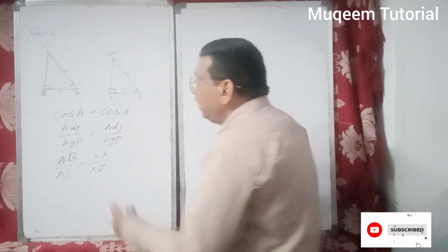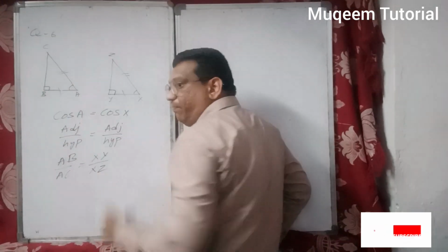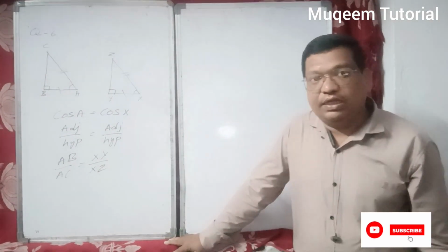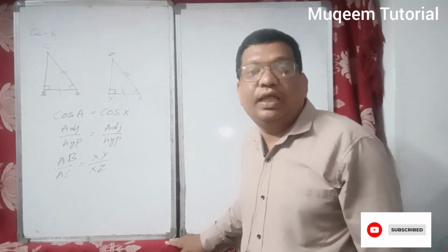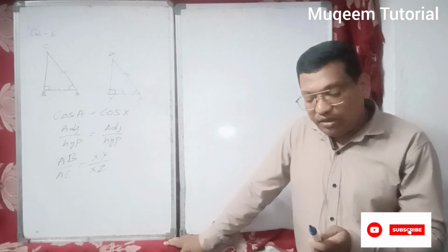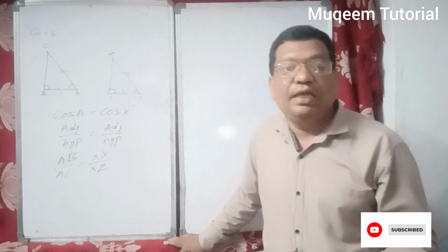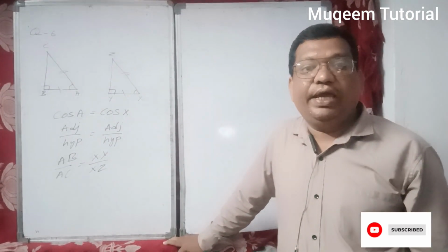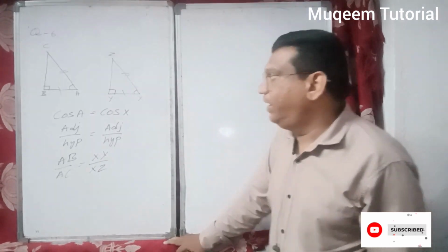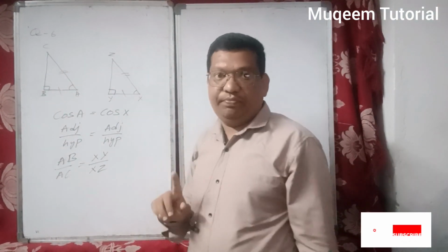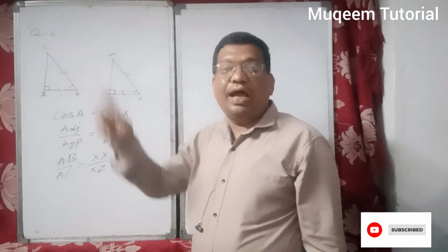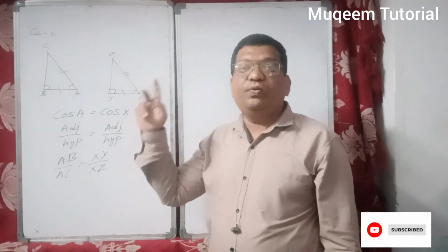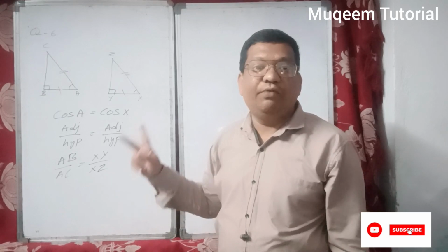So here these two sides are equal. We learned in the previous chapter about congruency. The criterion of congruency here is SAS, side angle side. The SAS criterion says that two sides and the included angle should be equal.